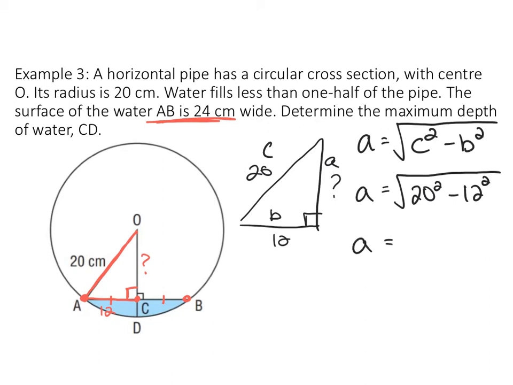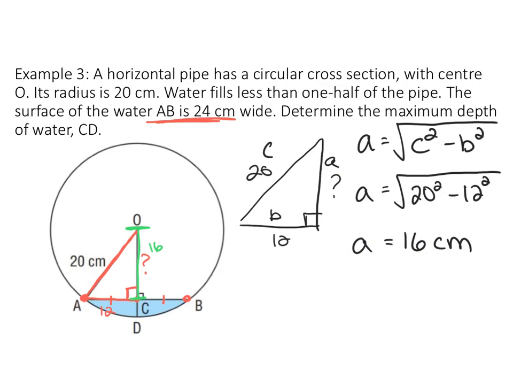So bear with me while I punch this in. 20 squared minus 12 squared, and I take the square root of that. I end up with A equaling 16 centimeters. Is that my answer? No, that's just the length from O to C. So O to C is 16. I am trying to find C to D.